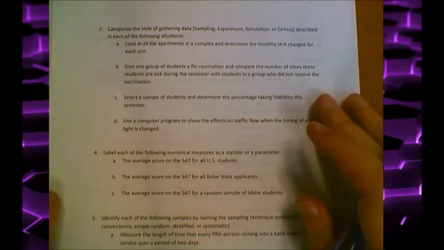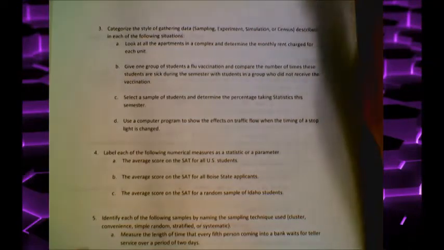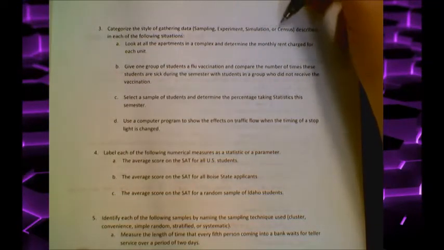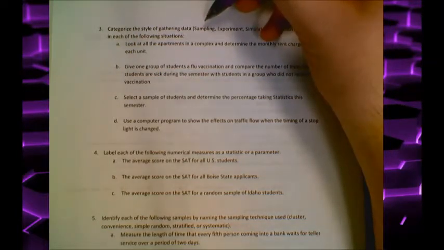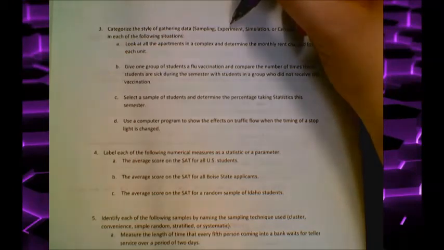So, number 3, we're trying to categorize the style of gathering data. So we're looking for a sampling, experiment, simulation, or census. Remember, a sample is where you take a population and pull out some group from that population. We've gone over some ways to do that. An experiment is when you give two different groups, or possibly more, different treatments and look at the results of those different treatments.